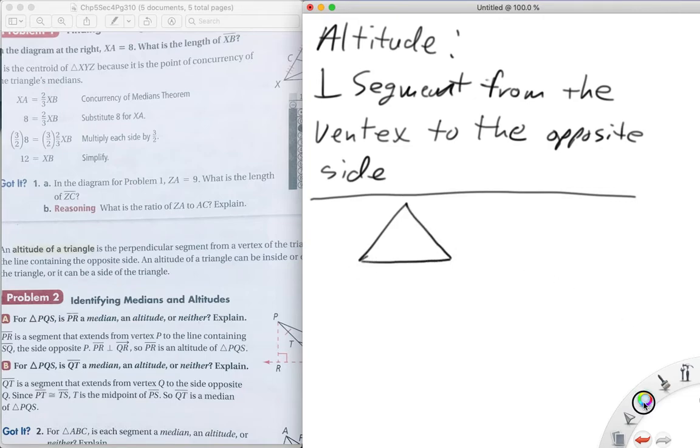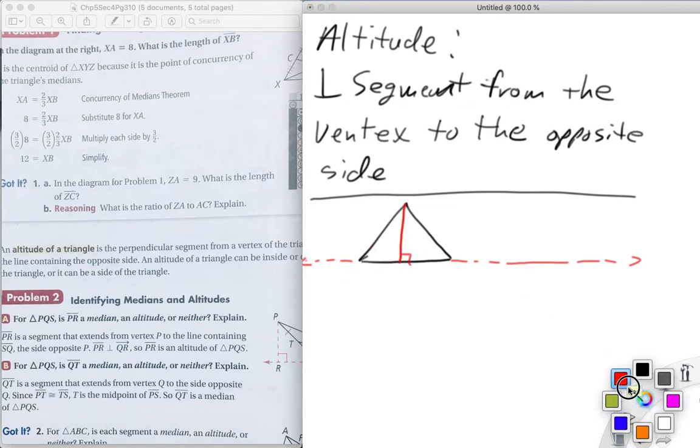We now don't think of this triangle as the opposite segment. We're thinking of this as a whole line this way. So the altitude would be from the vertex to the line containing the opposite side. Here's my line, and the opposite side of the triangle is within this line, and it's going to be perpendicular. Same thing over here.